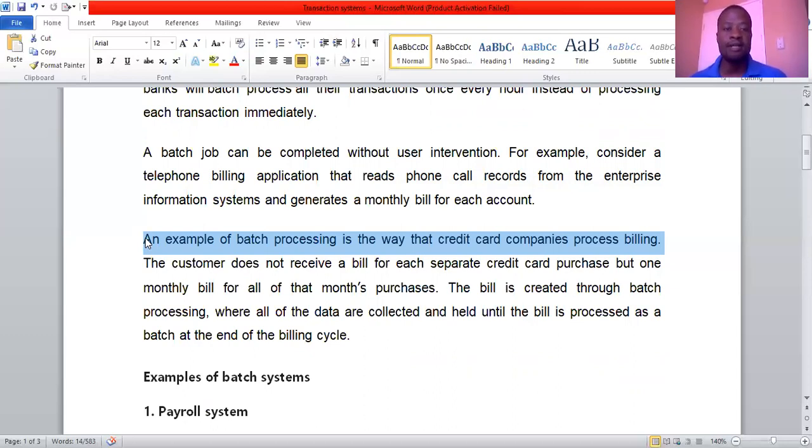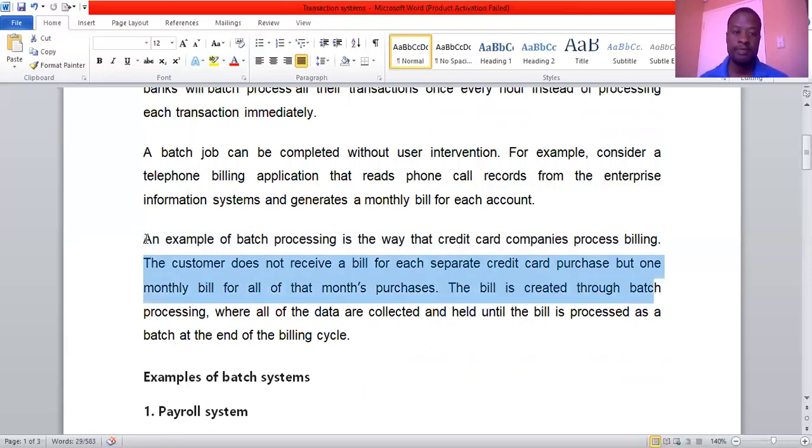So the customer does not receive a bill for each separate credit card purchase, but one monthly bill for all of the monthly purchases.